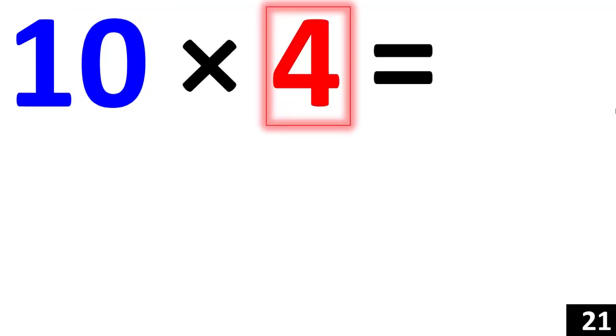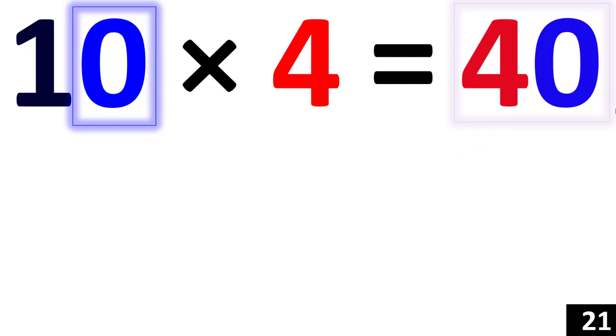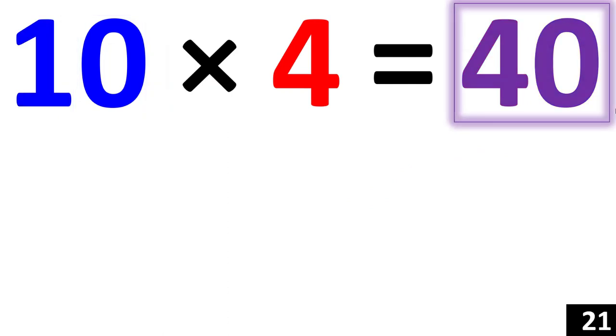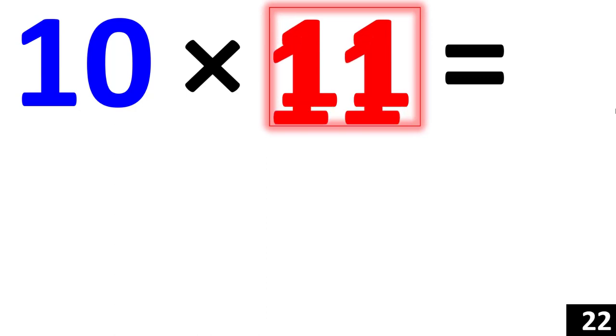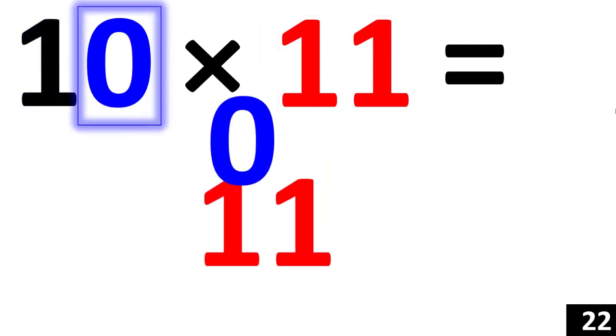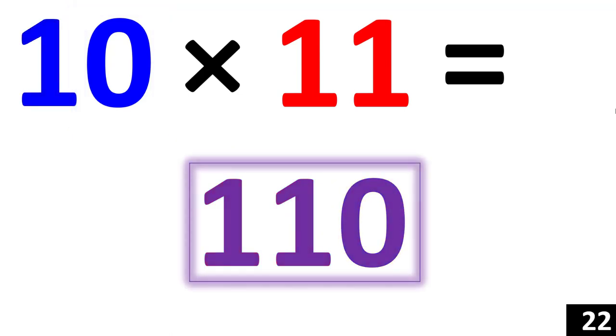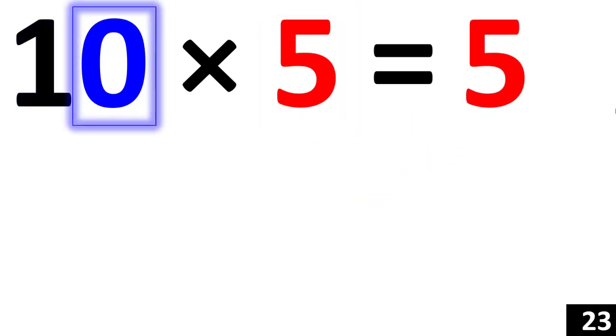10 times 4 is a 4 with an added 0, which is 40. 10 times 11 is an 11 with an added 0, 110. 10 times 5 is a 5 with an added 0.